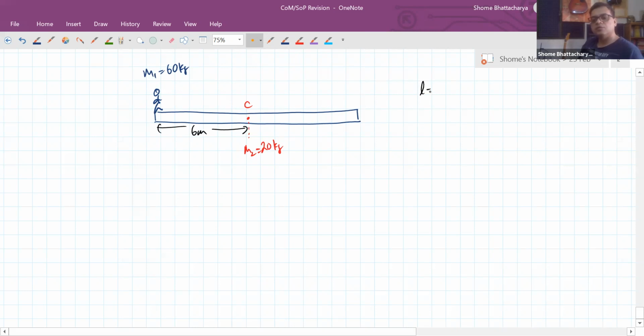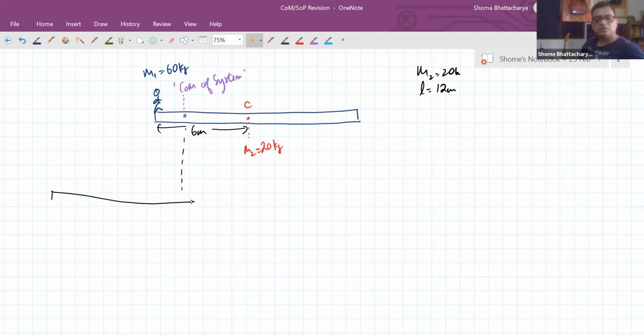The length of the plank was 12 meters. The mass of the plank was 20 kg. So the system center of mass is somewhere over here. This is the center of mass of the system. By the time the person walks to the other end of the plank, the system center of mass should remain where it is.